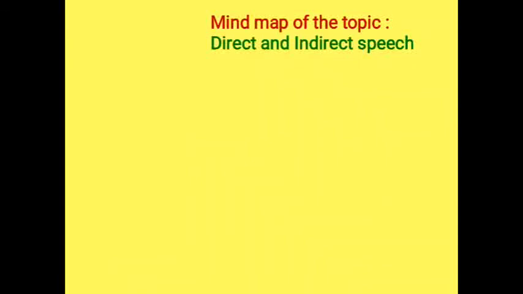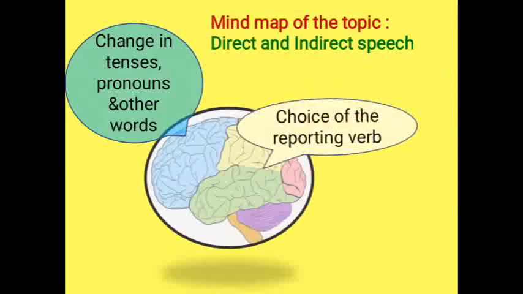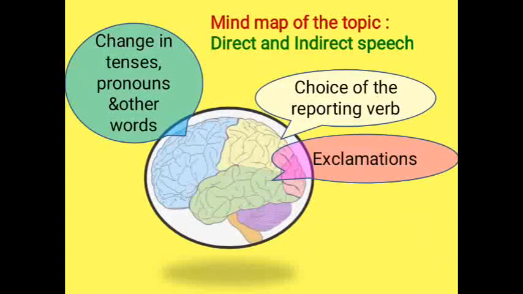Now let's understand both the videos in a nutshell. That is, we can talk about the mind map of the topic of direct and indirect speech. First we have learned that we need to change tenses, pronouns and other words while converting from direct to indirect speech. We have learned that we need to have the proper choice of the reporting verb to convey the idea of the sentence. Also we have learned the rules of the exclamatory sentences.